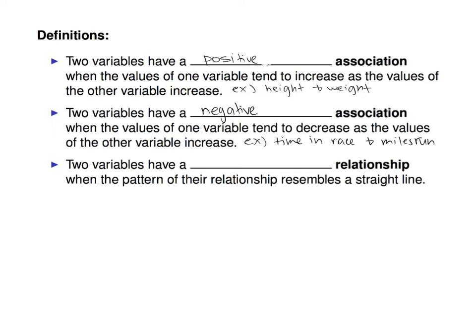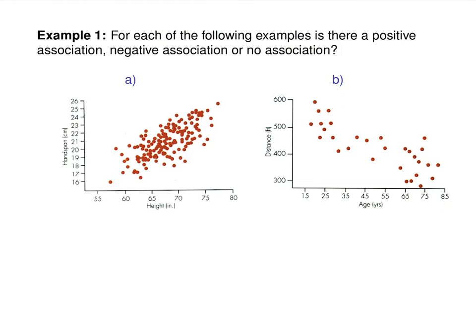And two variables have a linear relationship when the pattern of the relationship resembles a straight line. For each of the following examples, is there a positive association, negative association, or no association? So the first graph shows us the height of a subject in inches and their hand span in centimeters.